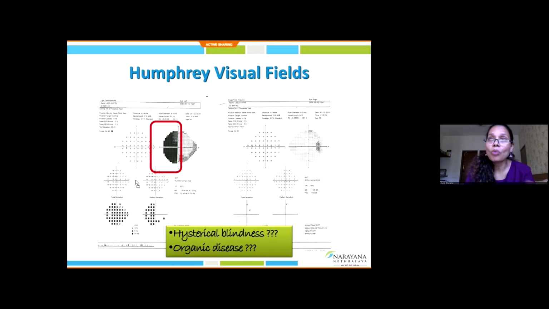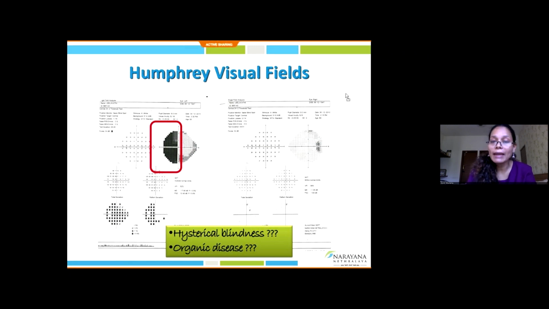But coming back to what I have been describing, we noticed that this defect is respecting the vertical meridian. In hysterical defects, you would find that it will not respect the vertical meridian. You'll find it bilateral, and they attempt to cross the midline. Somebody would not be able to actually make a field defect like this, which respects the vertical meridian.